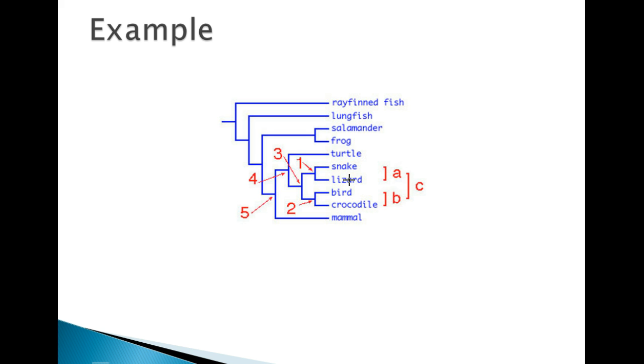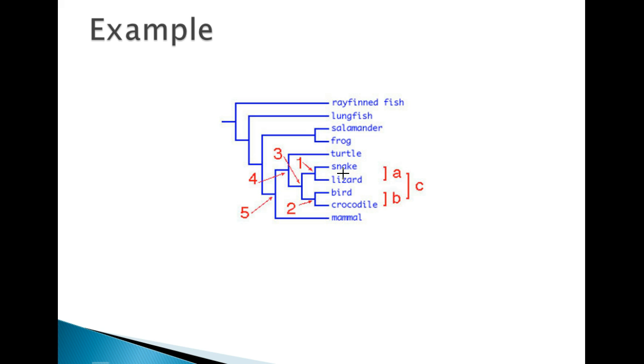The branches leading to them meet at node 1. So here's node 1 right here. Now, they meet at node 1 to form a clade, this red bracket right here. So if we snipped right here, snake and lizard would fall off. Or if we snipped right here, snake and lizard would fall off, so they're a clade.